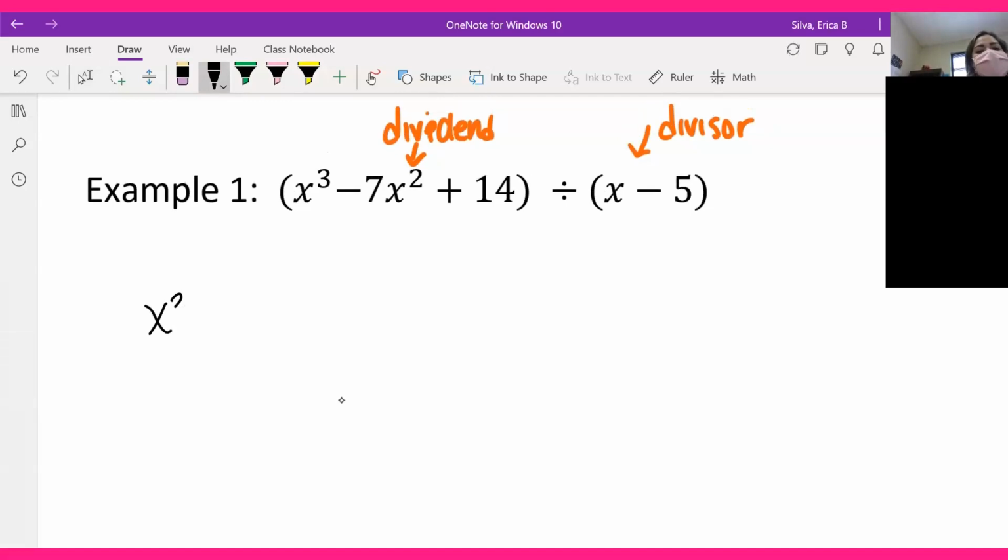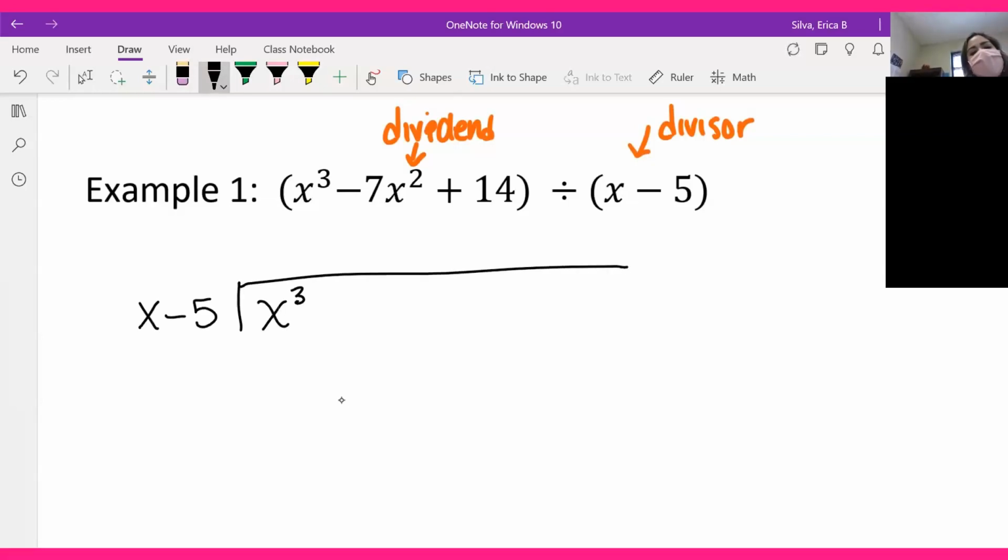So we've got x minus 5 on the outside divided by x cubed minus 7x squared. And what do you notice about the next term? We don't have an x, so we're going to use a placeholder, 0x plus 14.